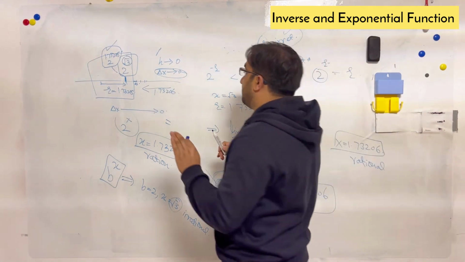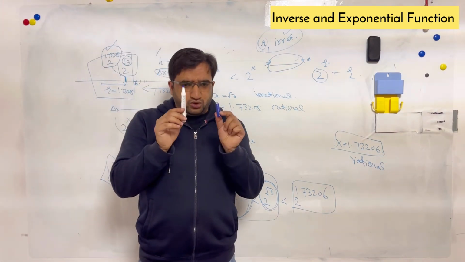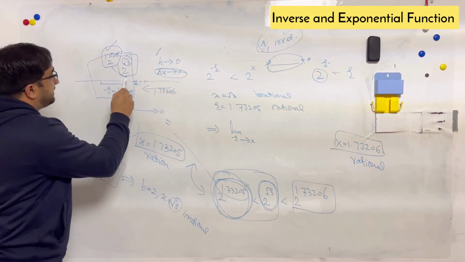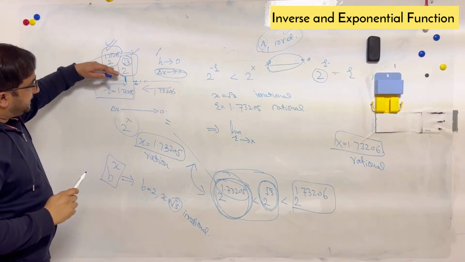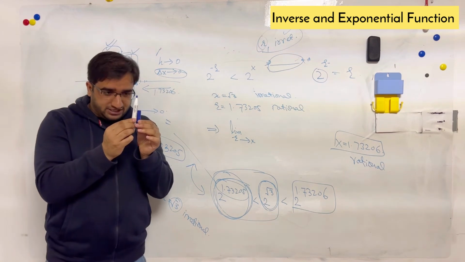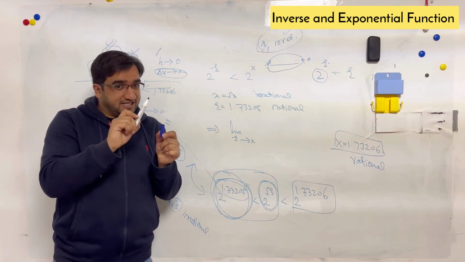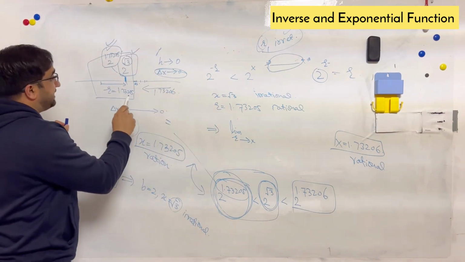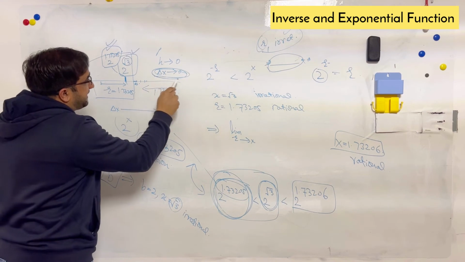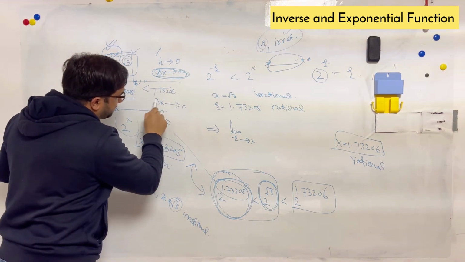But I am assuming that I have found two real numbers, one is this and another is this, which are so close that it looks like there is no real number between them. You know it is not possible practically, but you are assuming the difference, delta x, is almost 0.